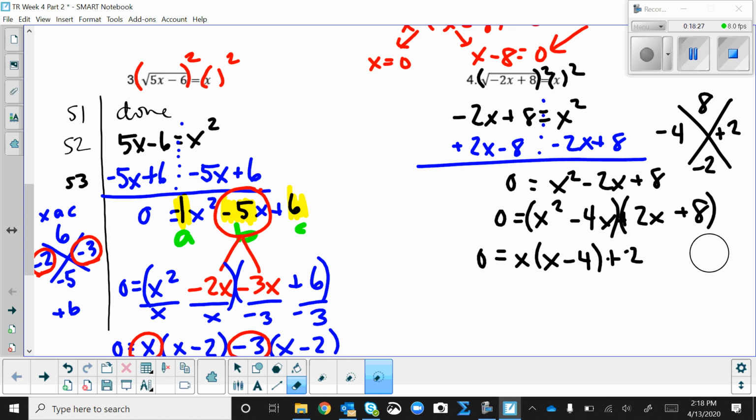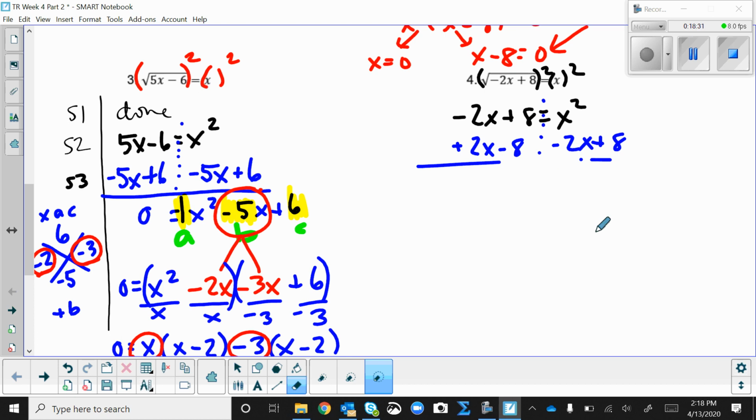Right, let me erase all this, my apologies. I hope you didn't think you were going crazy. For whatever reason, I put plus 2x minus 8 correctly on the left and minus 2x plus 8 incorrectly on the right. So let's fix that right here. And then this problem will go much better.